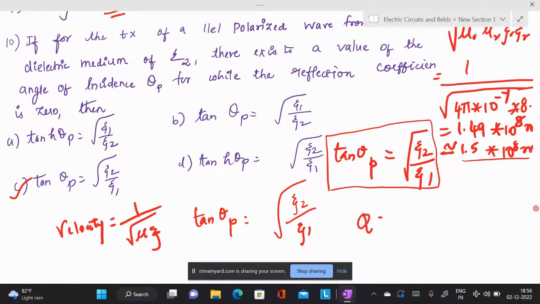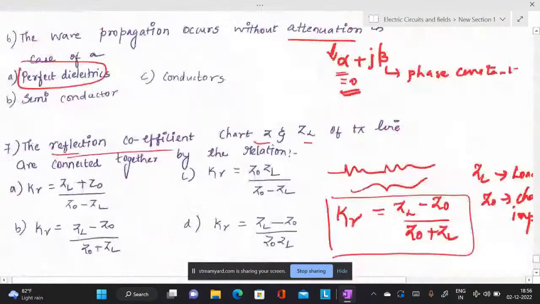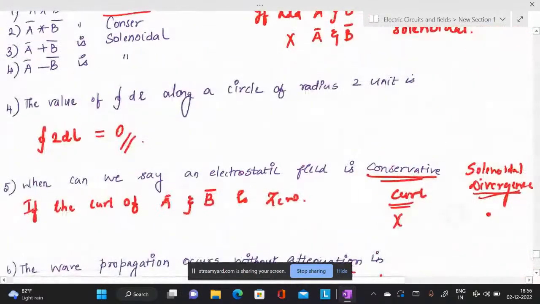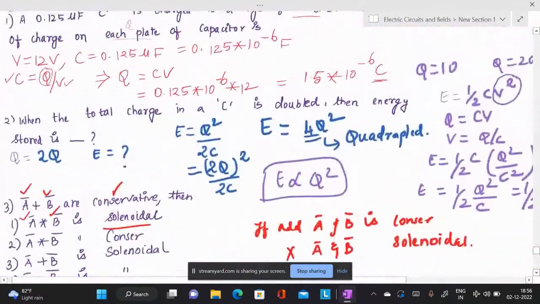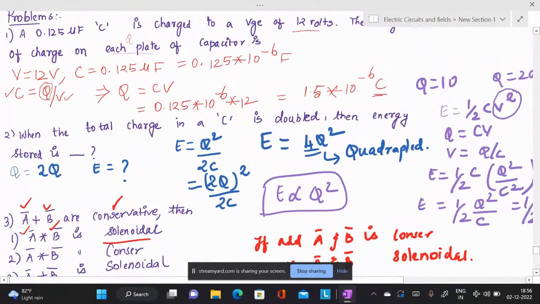Then Q equal to CV, or C equal to Q by V. This is a very important formula. Half CV square is the energy stored. These are a few problems taken from your previous questions.